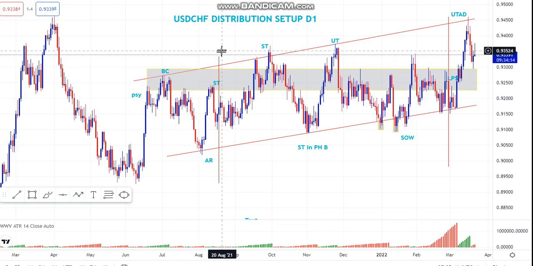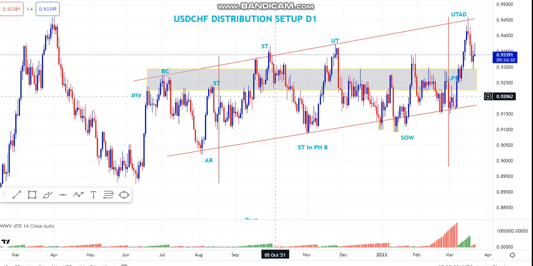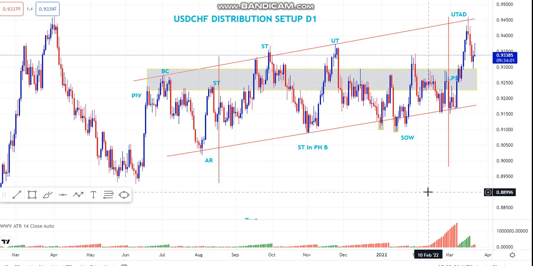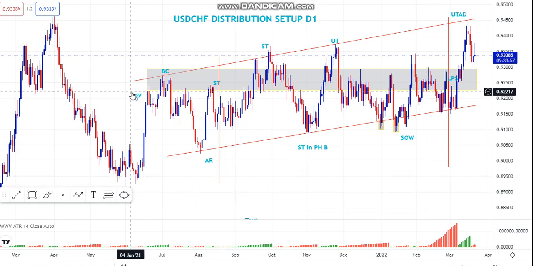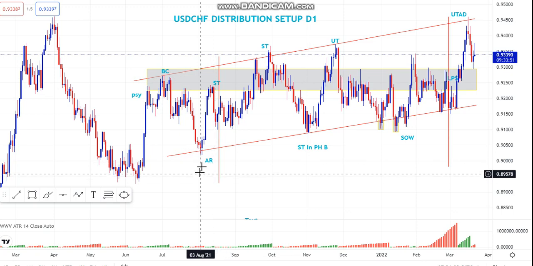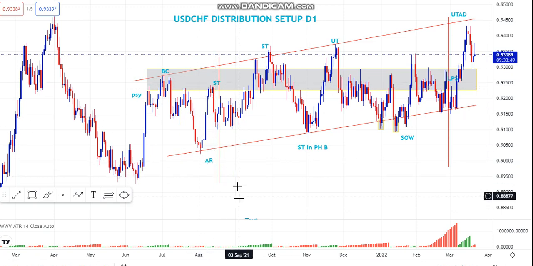I draw this line here. The phase B is always a big phase, this is phase B here, and this is phase C from here. In phase A, we have preliminary supply, buying climax, automatic rally, automatic reaction and secondary test.